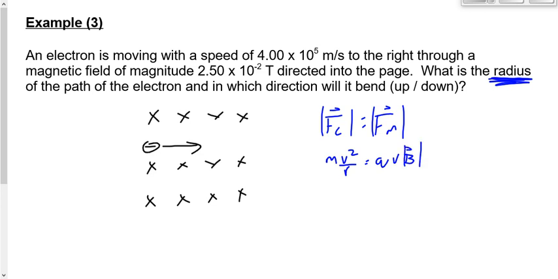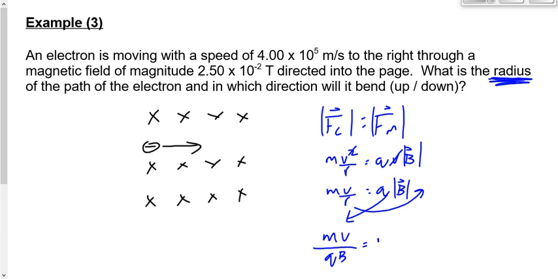We're going to simplify this a little bit by canceling out a v on both sides. On the left side, there's v squared, we can cancel out one of them. On the right side, there's one, we can cancel it out. So we've got mv over r equals q times b. You want to get r by itself? Take it up to the top by multiplying, take qb down by dividing. So mv over qb equals r.